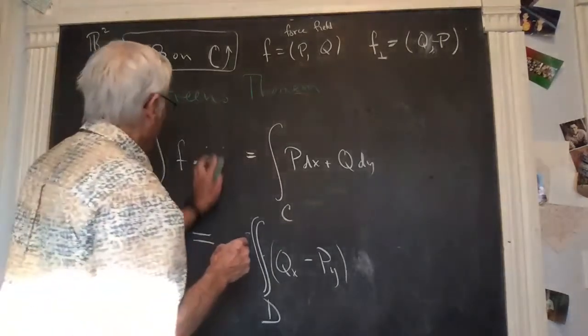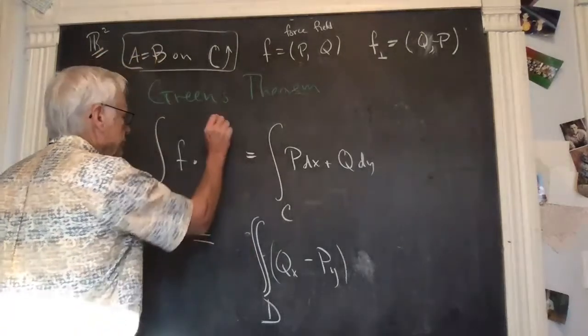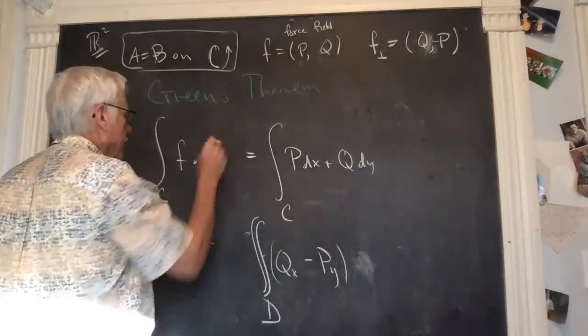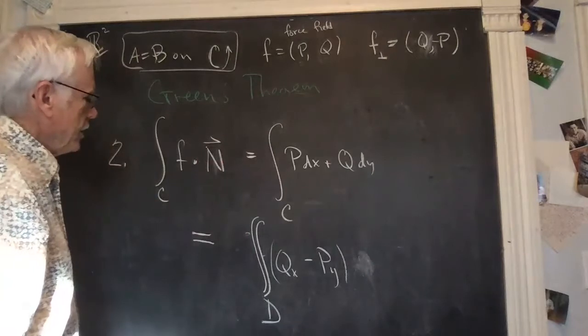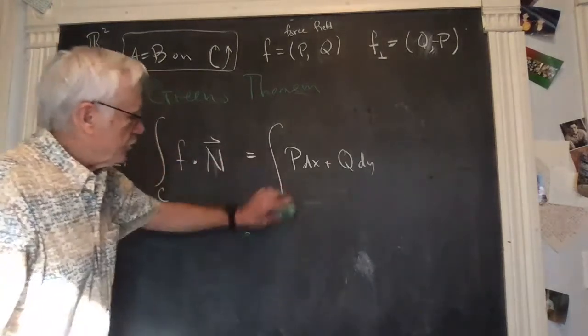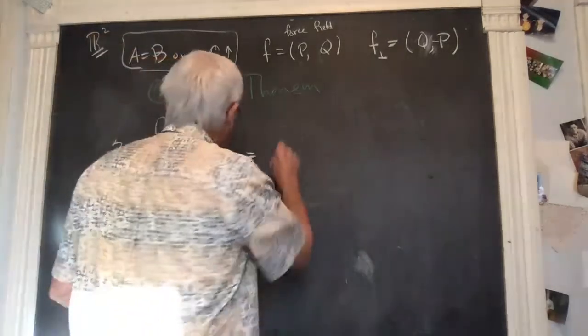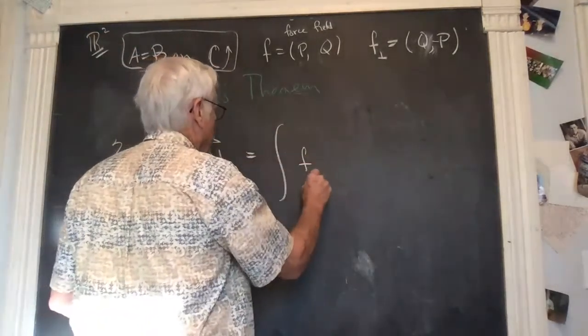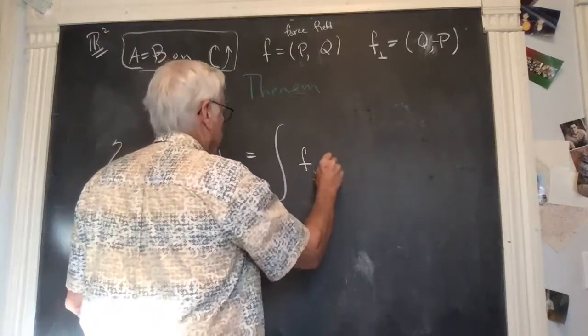The second version, if you're looking at the integral across this C, so this is the integral of f perp dot t.